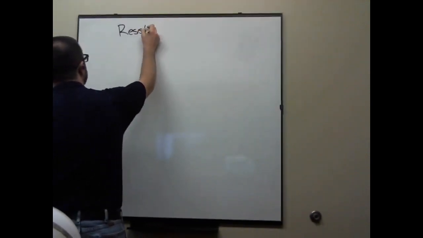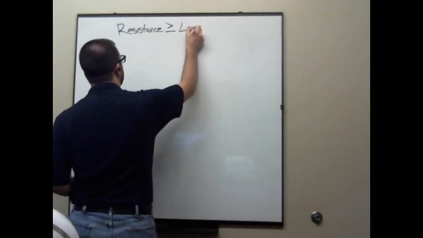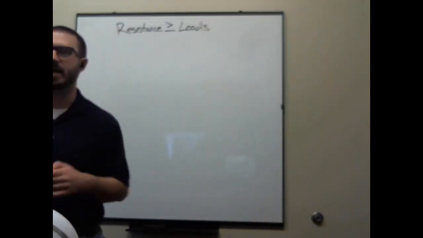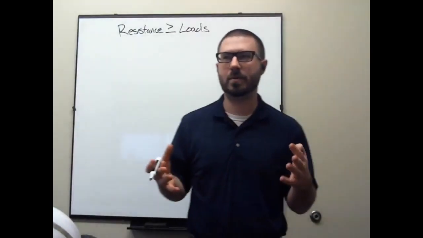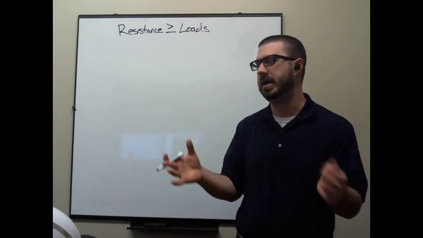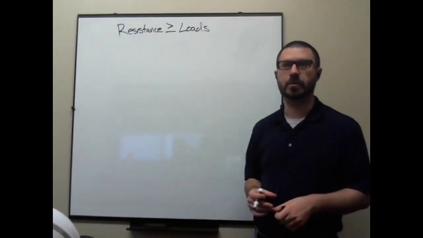If we go back to the base expression of LRFD, our fundamental goal is that the resistance is greater than or equal to the loads. That's a fancy way of saying, I've got a tension member, and what I'm saying here could apply to anything: beams, columns, connections. But the idea is I've got this element, we'll say it's a tension member for the purposes of our discussion.